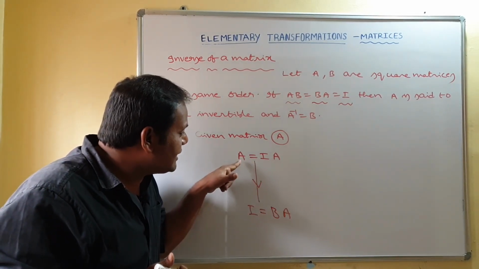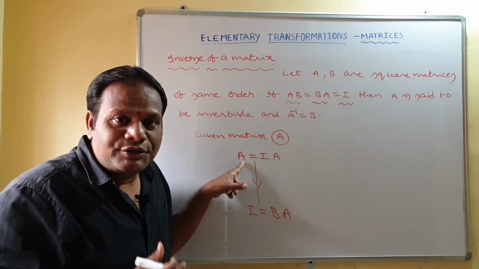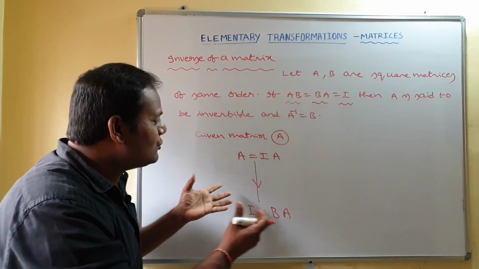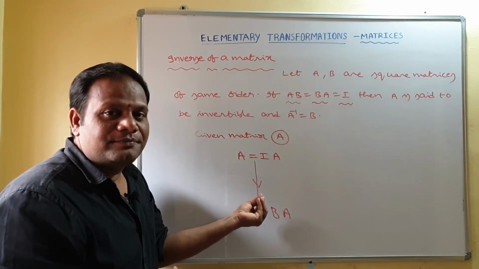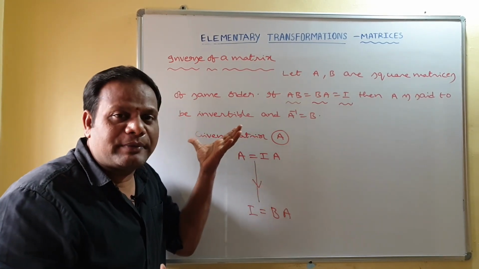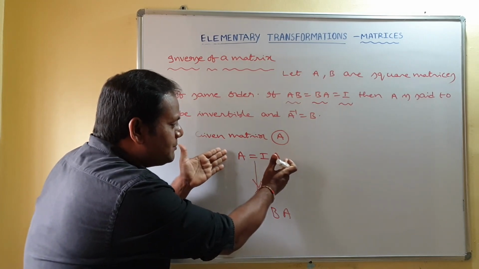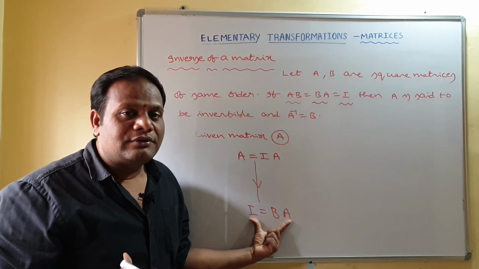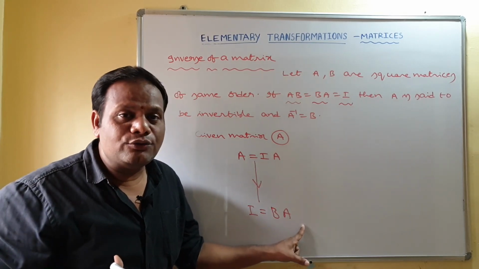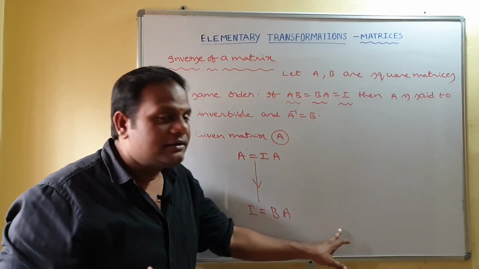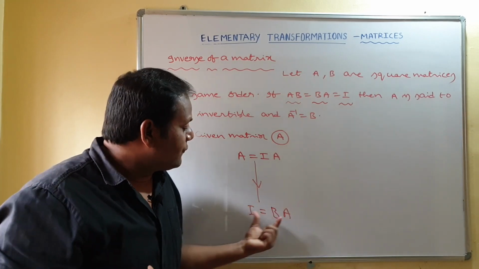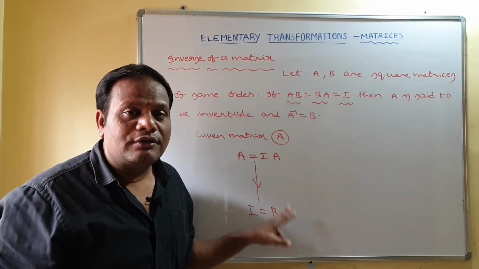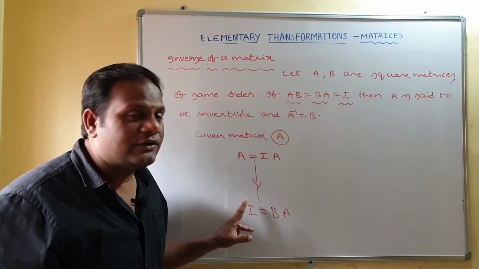So by applying the elementary transformations on this matrix equation, we can get I equal to B into A. Then finally, from the definition of inverse, A is invertible and A inverse equal to B.